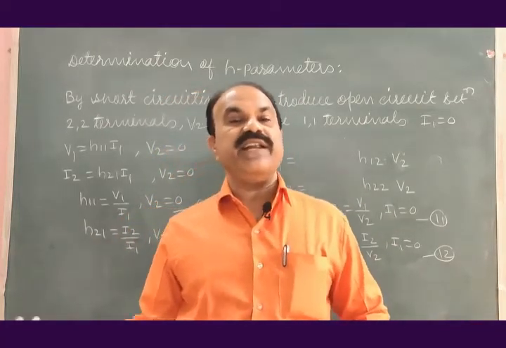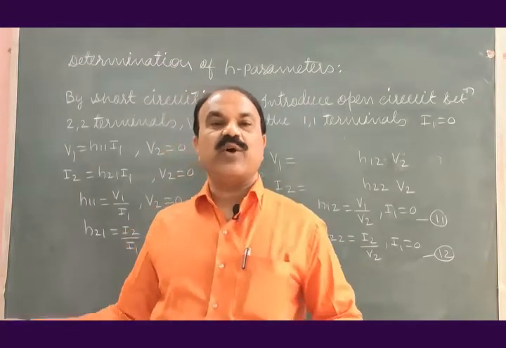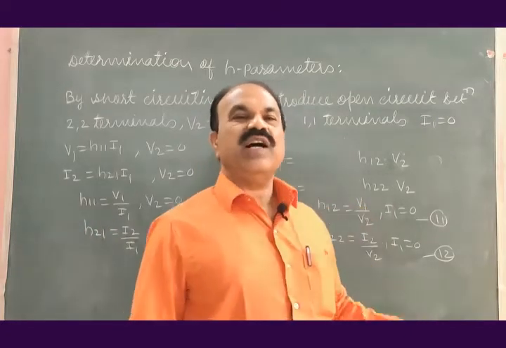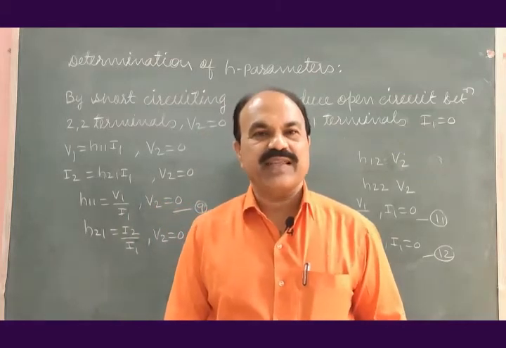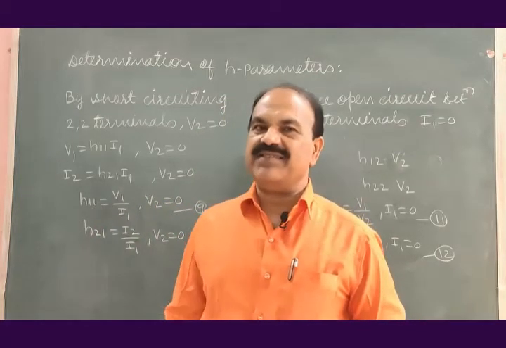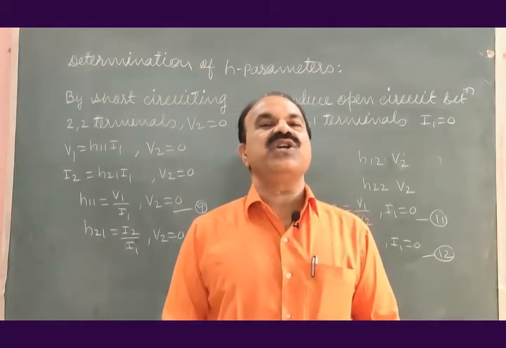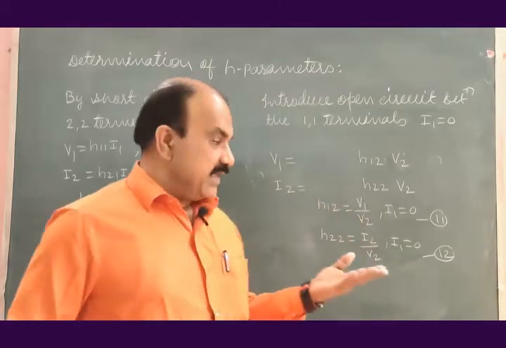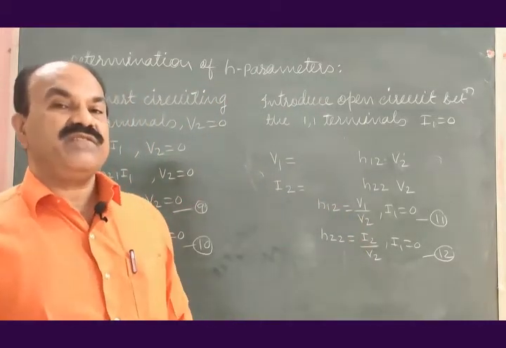Of the remaining two, one is impedance, the other is admittance. Two are obtained by short circuiting the output, two are obtained by open circuiting the input, and therefore these parameters are known as hybrid parameters or H parameters for any two-port network.